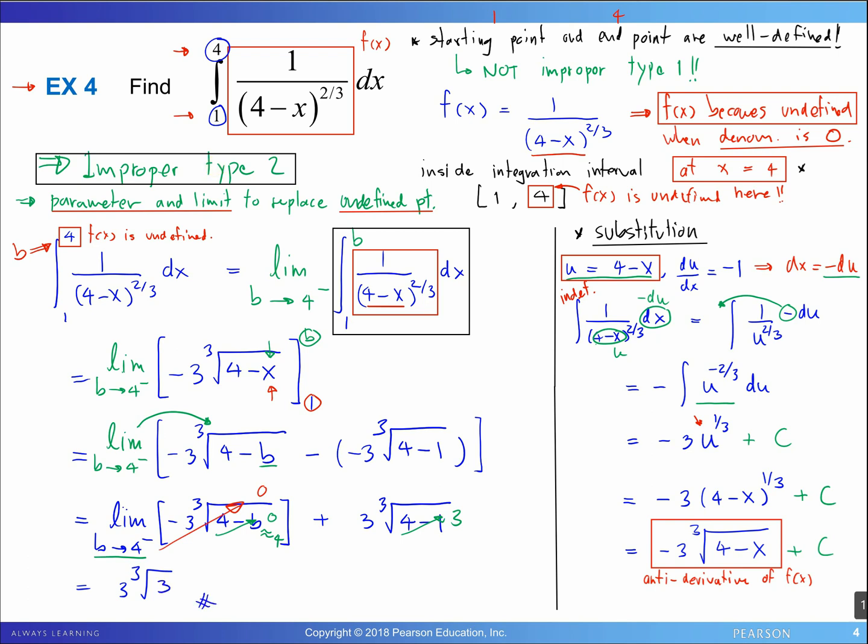And we can say that this integral converges to 3 times cube root of 3. In other words, it's convergent. And that is the answer for this example.